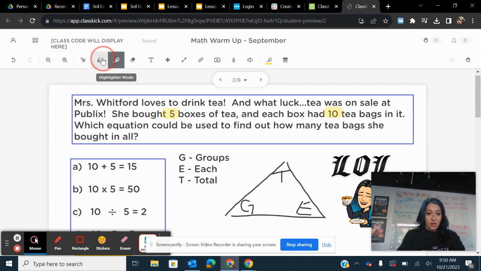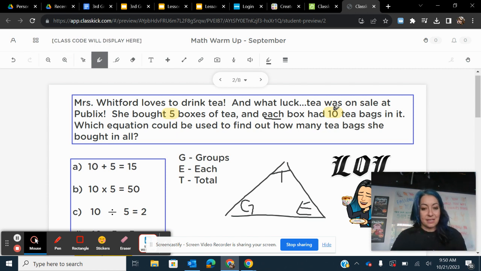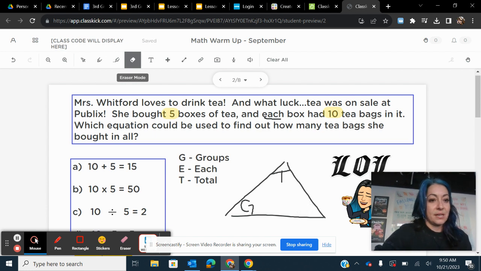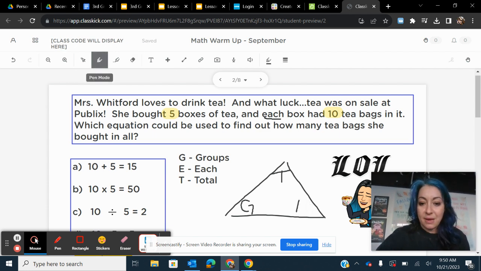Now I'm going to think, is 5 the total? Is 5 the number of groups, or is 5 how many are in each group? I see the word each over here, and each seems to go with 10, like it's saying that each had 10 tea bags in it. So I bet 10 goes here, because it's talking about how many are in each group.